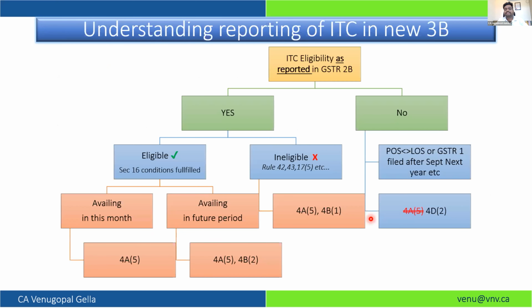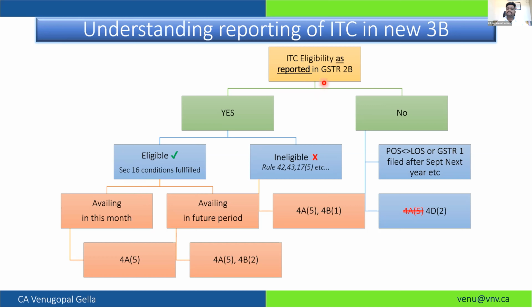Moving on, let's see the data flow, how data is flowing from 2B to GSTR 3B. Let's take an invoice. If my ITC in 2B is marked as eligible, then it will directly flow to my 4A5 in GSTR 3B.